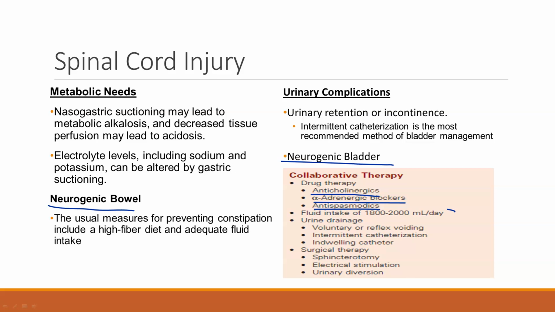We want to make sure that we're managing the fluid intake, looking for issues with urinary drainage. So we may have to teach them about scheduling restroom breaks. We talked about intermittent catheterization, or indwelling catheter, which of course we don't want to do long term because obviously that increases the risk for having an infection.